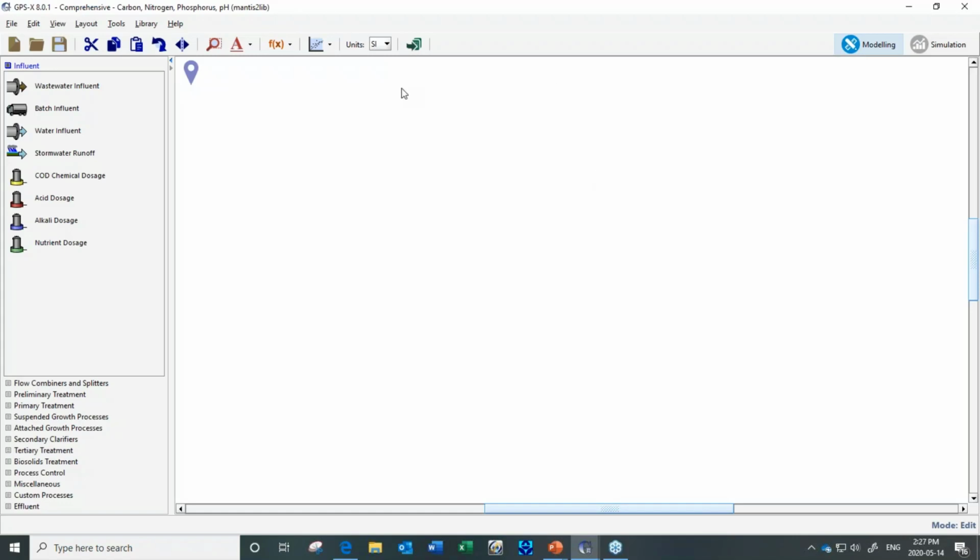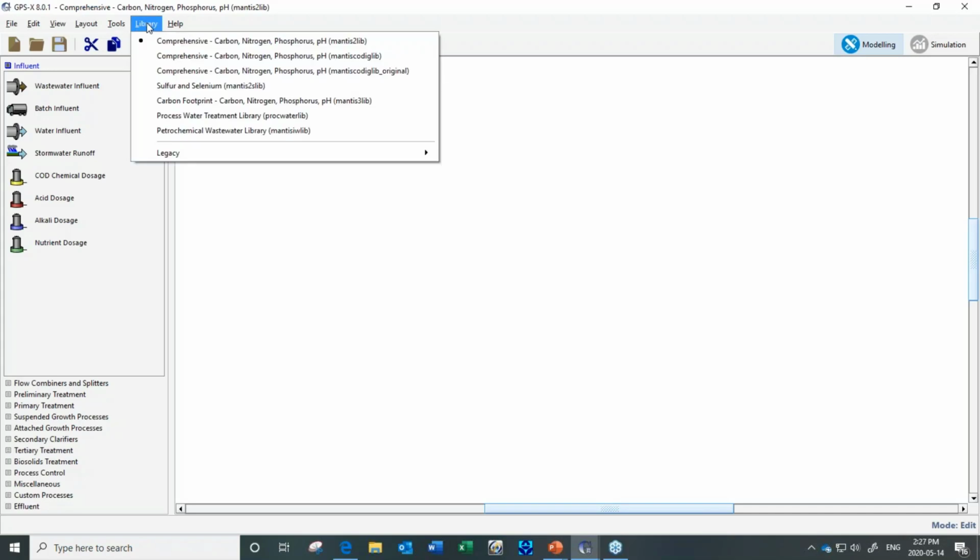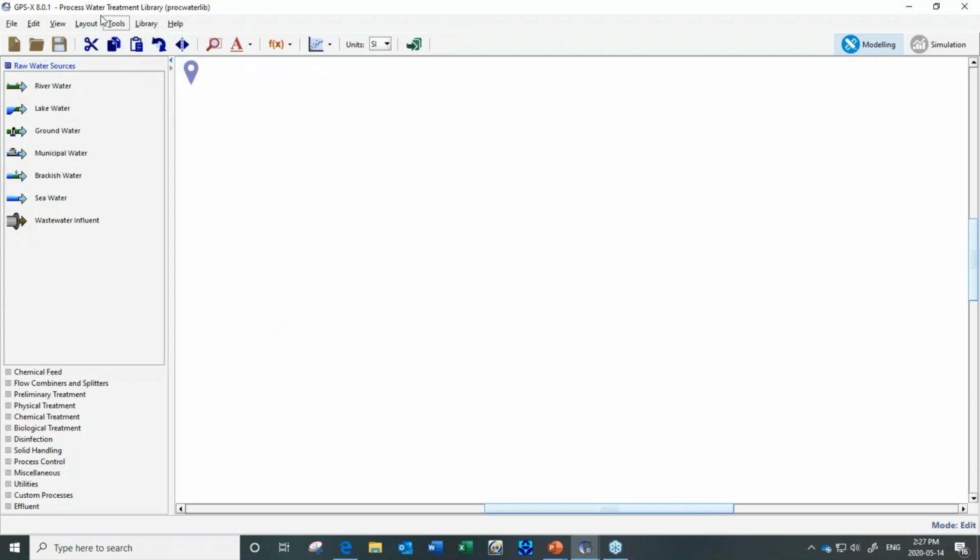When you want to use the water library, there is a process water treatment library there, and we just change the library. So it is one platform that can be used for wastewater depending on what models you're using. But in this particular case, we are switching it to the process water treatment library.